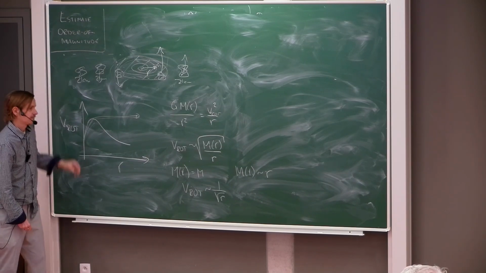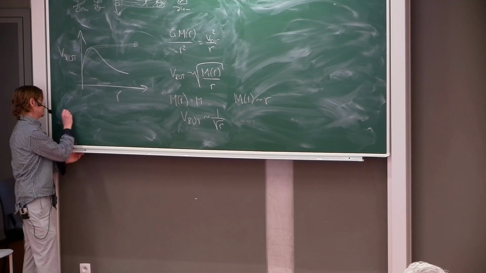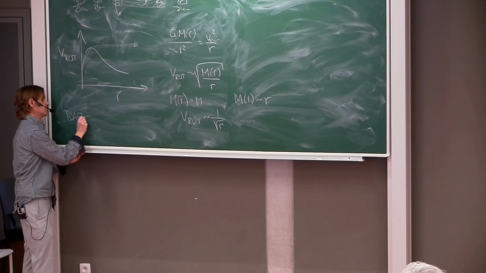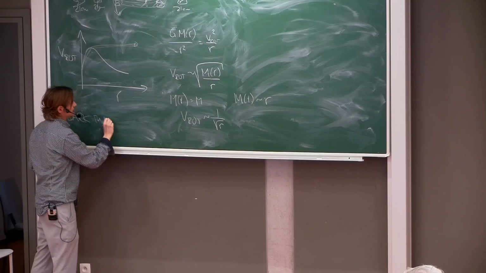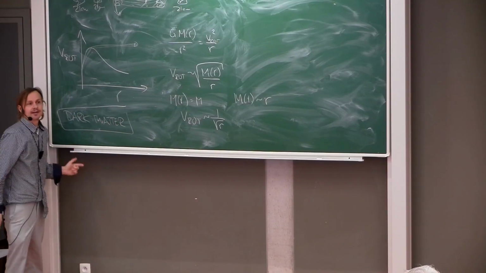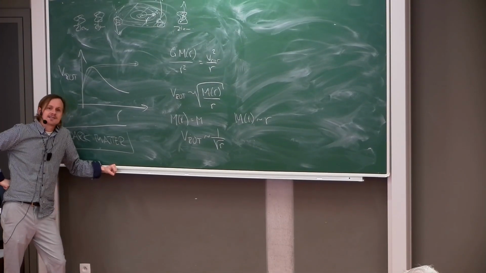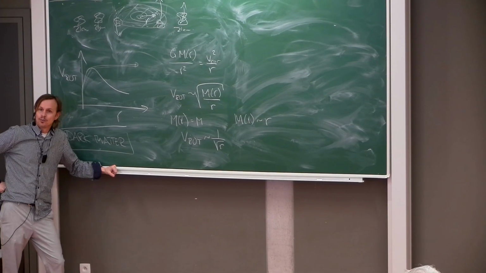Okay? And that invisible mass is one of the classical pieces of evidence for dark matter in the universe. It wasn't the first, and it's certainly not nowadays the only.